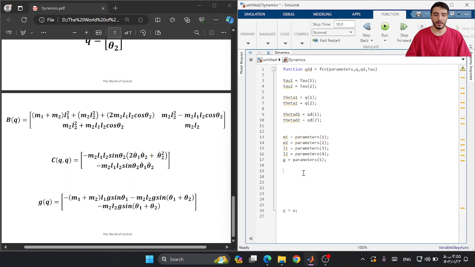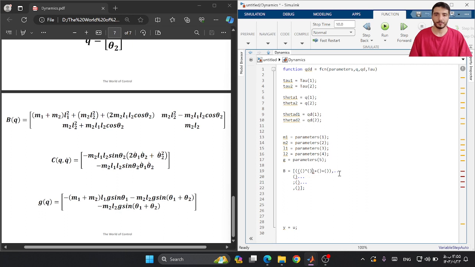And after that, we have B as a 2 by 2 matrix. The first one, we have 3 terms in it.